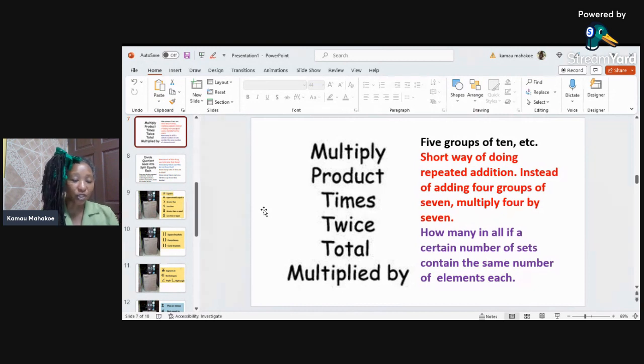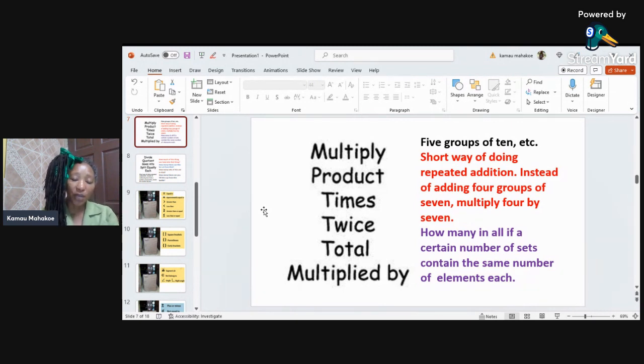Or if you're asked to double a number, then you're asked to multiply that number by 2. Sometimes when you're asked to find the total, you're also being asked to multiply. Could be addition or multiplication, depending. If you say one number multiplied by another number.